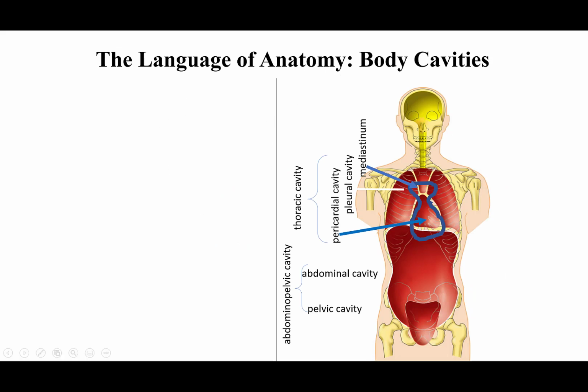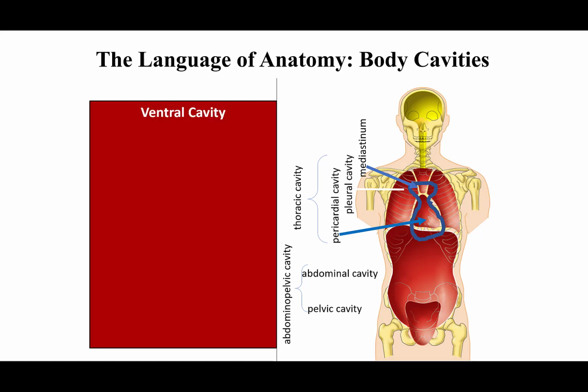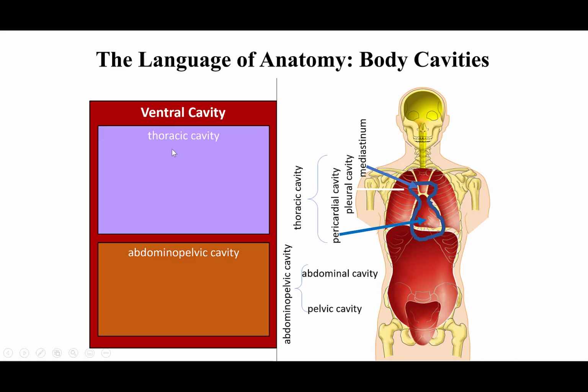The ventral cavity, on the other hand, is subdivided into many other cavities. Inside of the ventral cavity, you have the thoracic cavity and the abdominopelvic cavity.